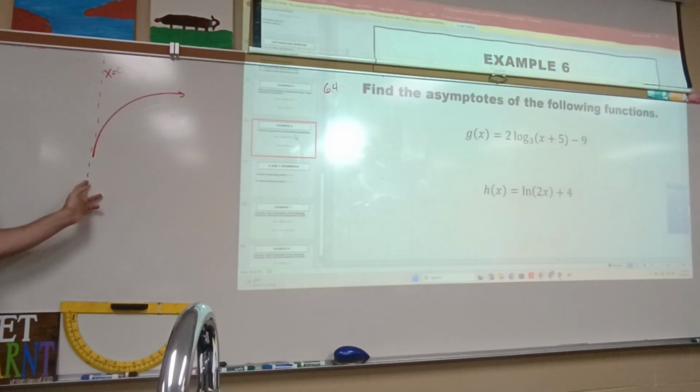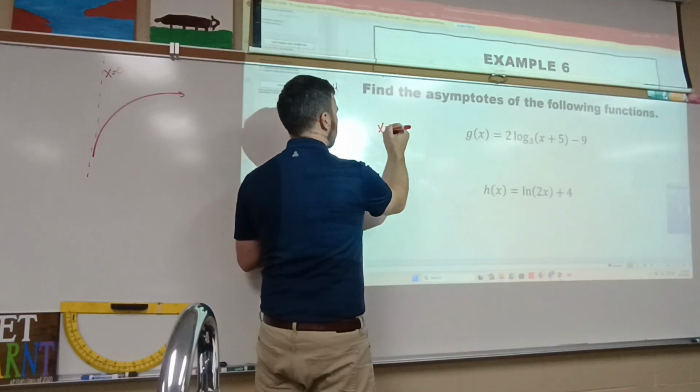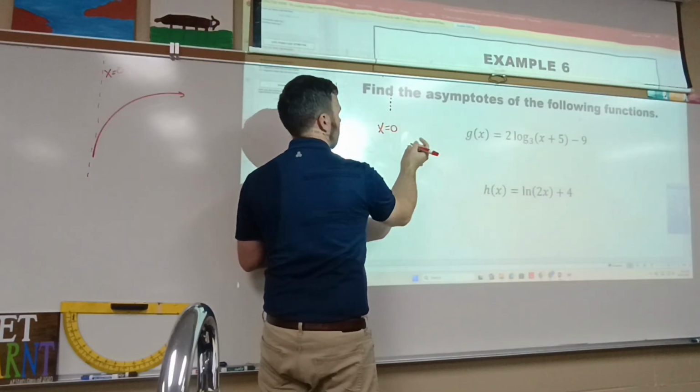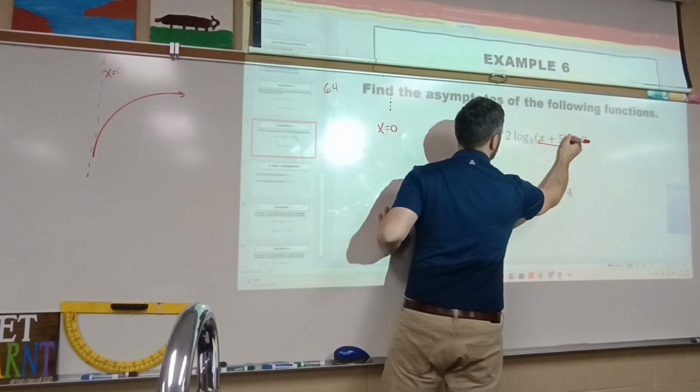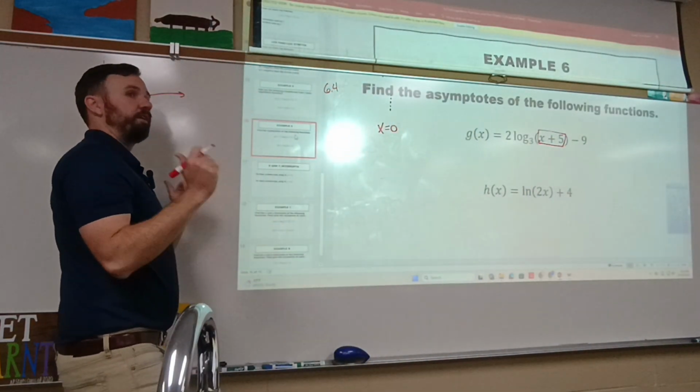No. If I'm stretching or shrinking it, am I moving that dotted line? So the only thing that's going to affect that asymptote is shifting it left or right. So if my normal asymptote is x equals 0, what's this plus 5 going to do to it? It moves it left 5.